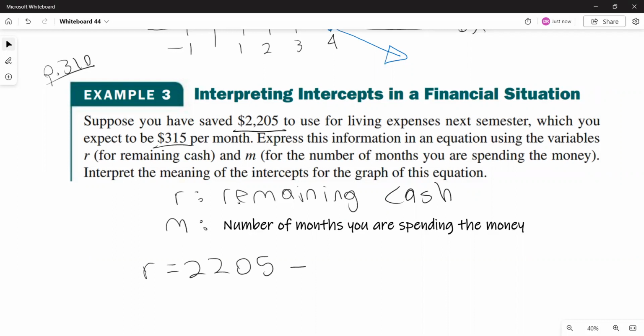So that's going to be 315 the first month, 315 times 2 after 2 months, 315 times 3 after 3 months, and so on. That's going to be 315 times M. After 1 month it's 2,205 minus 315. After 2 months, you subtract 315 again. After 3 months, you subtract another 315 and so on. That's the equation.